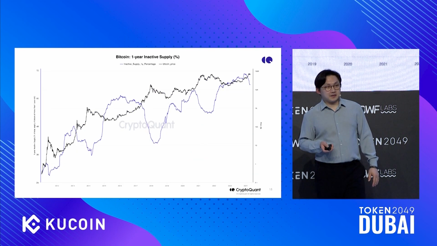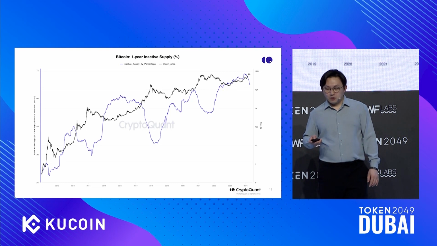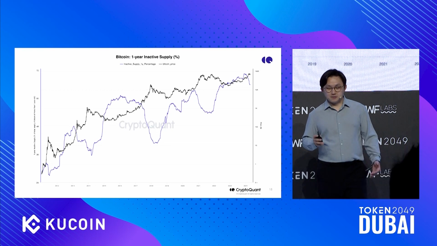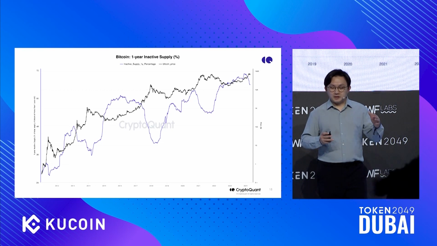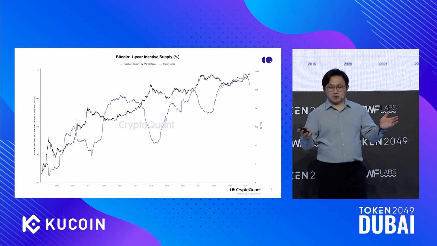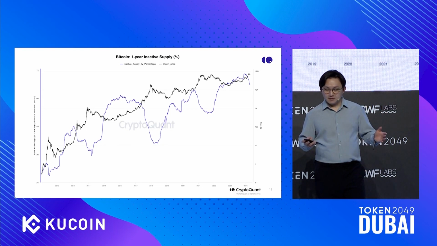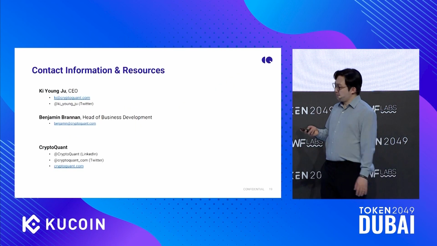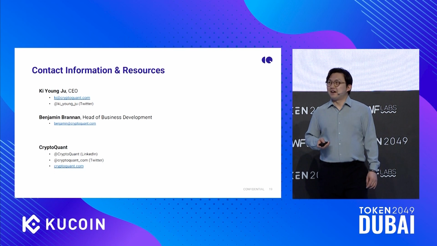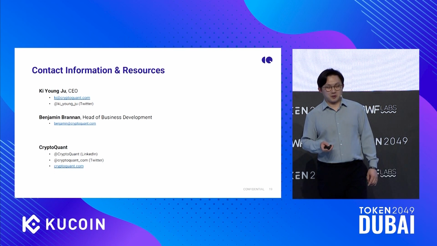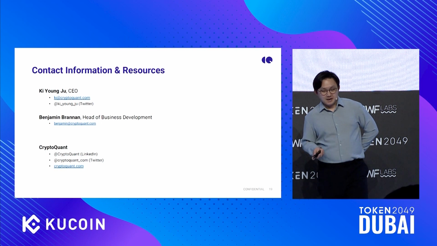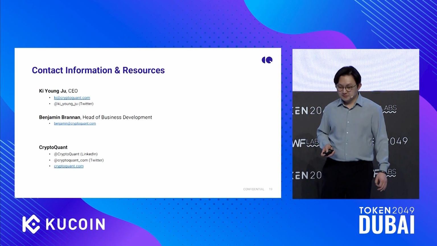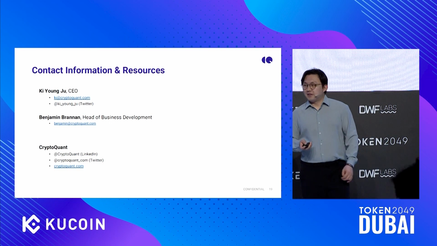This is the 1 year inactive supply. It's around 70%, which means long-term holders of over 1 year still aren't selling Bitcoins aggressively. These are my opinions on the current state of the market. You can visit our website and check out those leading indicators. Thank you. Do you have any questions?